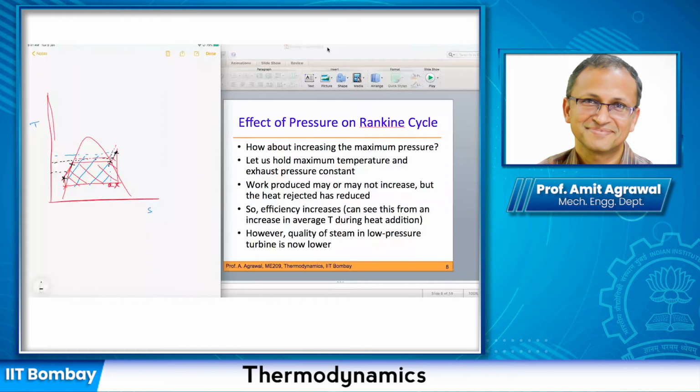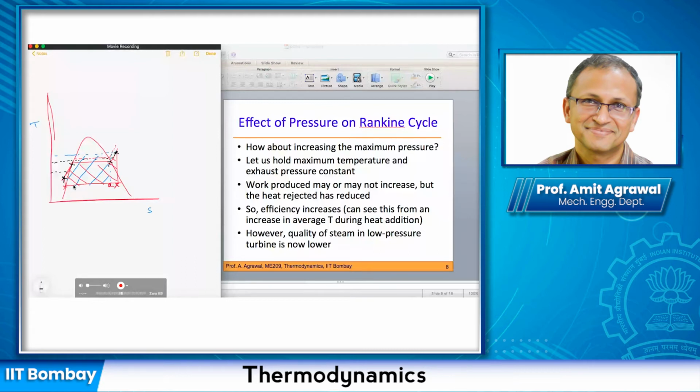Yeah, so what we are arguing in this case is we are looking at the work done. So the area which is enclosed by the curve, that is my work done. So I look at the two areas and I find them to be comparable. So I know that the work done is comparable, but I'm rejecting a lesser amount of heat because we are going from here to here versus here to here. So here we are not looking at temperature arguments.